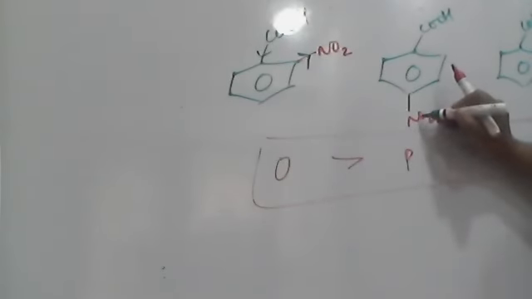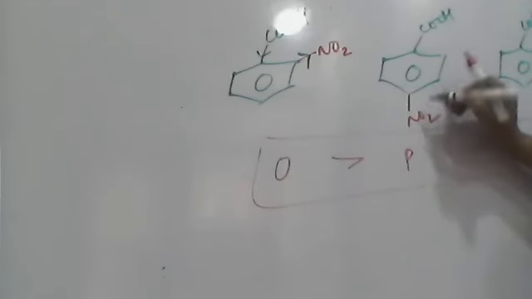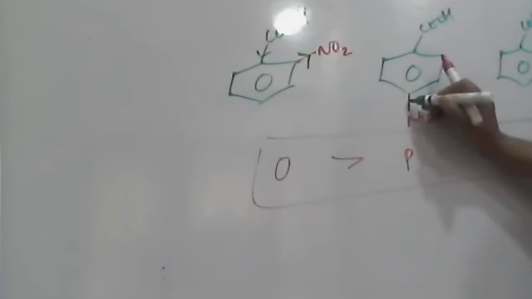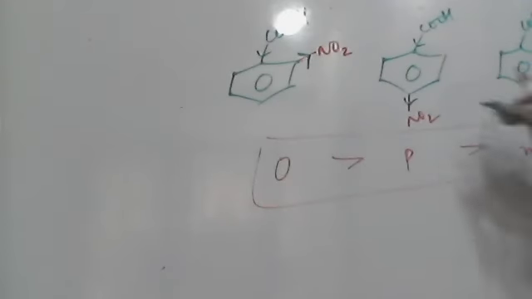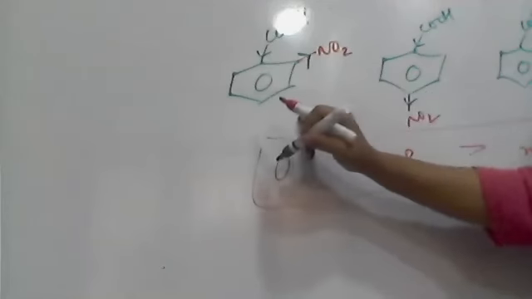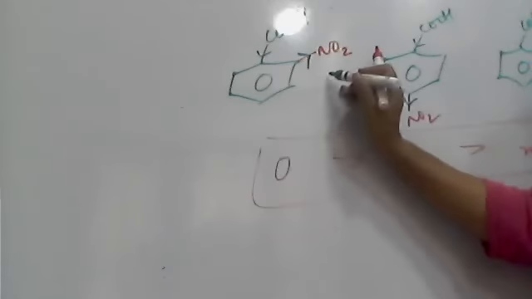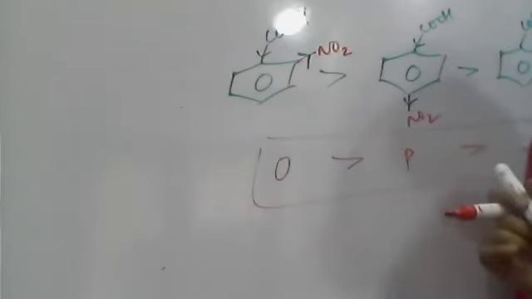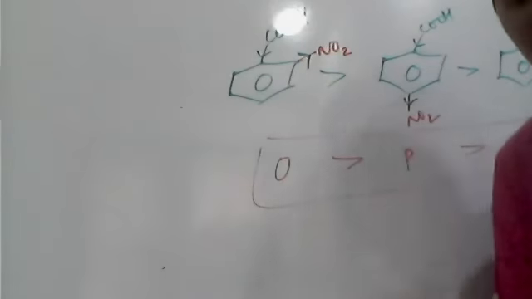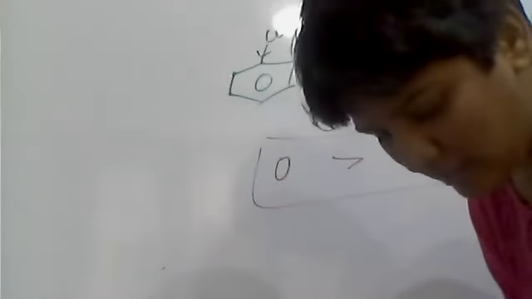So here also the NO2 group shows a minus Me effect, but the group is away from the COOH group, and the effect is less on the meta. So ortho-nitrobenzoic acid is stronger than para. Then para is stronger than meta-nitrobenzoic acid. Is that clear?